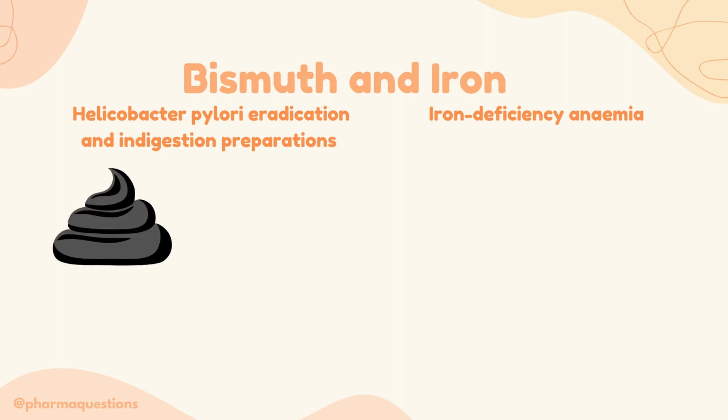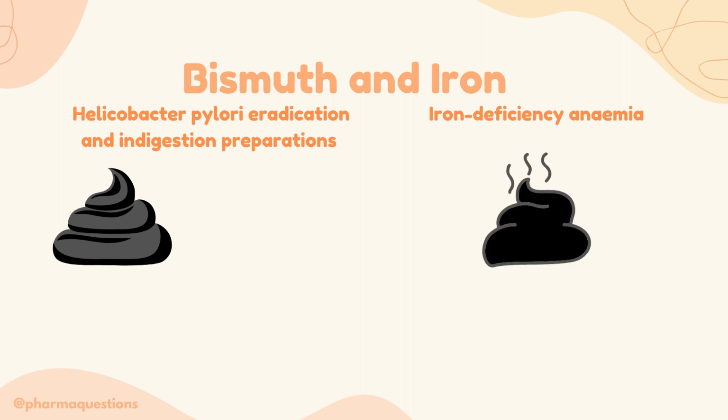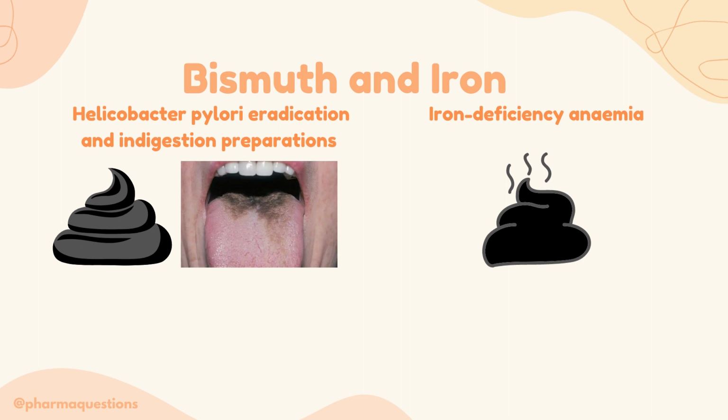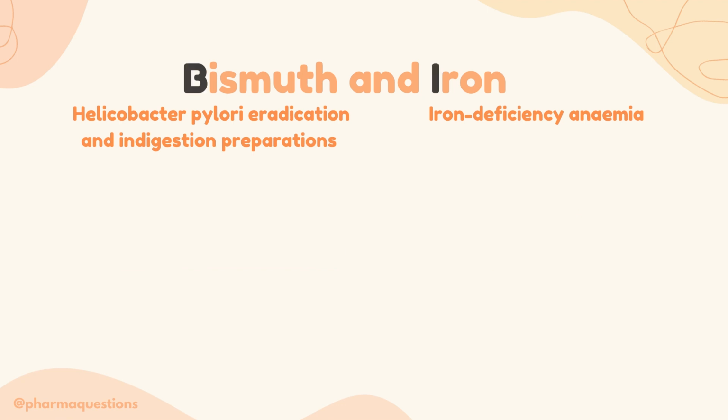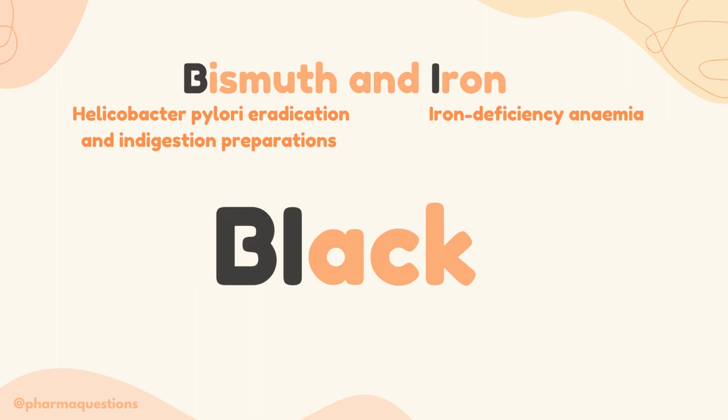I find these two drugs pretty interesting as they're able to cause black tarry stools, and bismuth is also able to cause black discolorations of the tongue, as you may be able to see from the image. A good way to memorize this is B for bismuth and looking at the I for iron as an L, so BL stands for black.